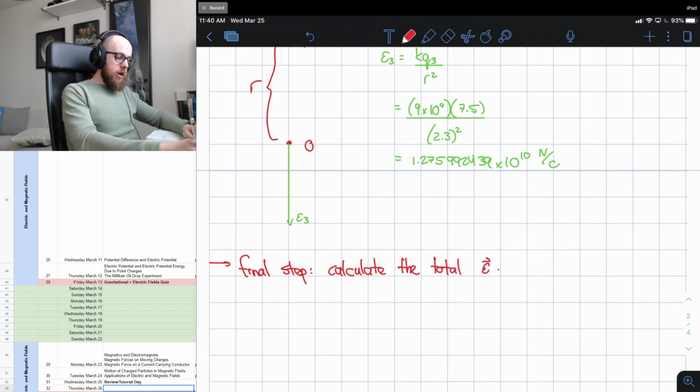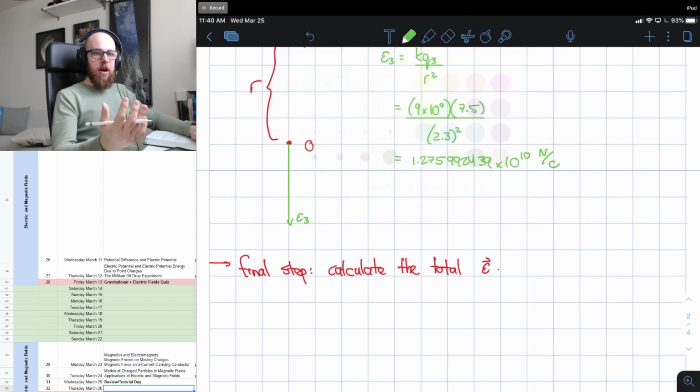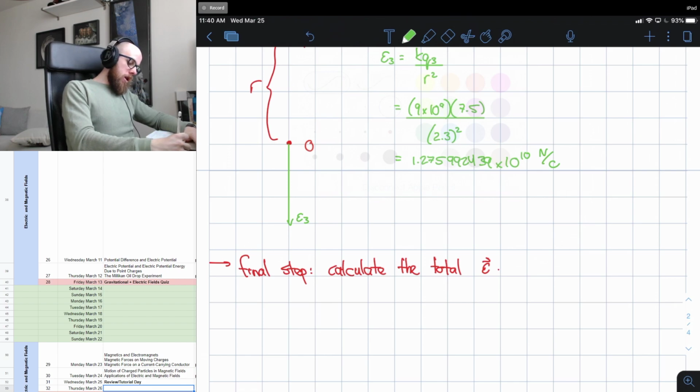Now to do that, because it's a vector quantity, I'm just doing vector addition, right? The total electric field is equal to E1 plus E2 plus E3 plus E4 plus E5, right?